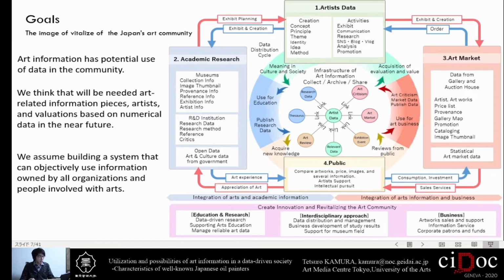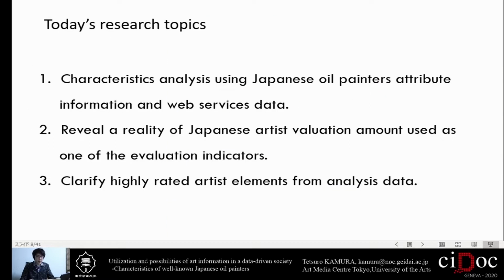In this study, we assume building a system that can objectively use information owned by all organizations and people involved with arts. This would be able to revitalize the art community. Today's main topics. 1.